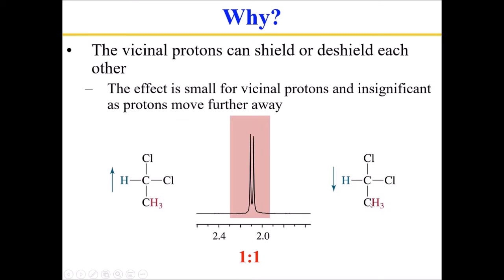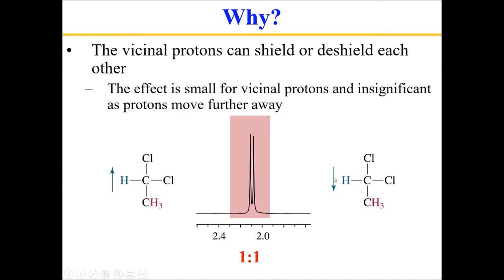The reason that splitting occurs is because when these red hydrogens are absorbing a photon, they are fighting against that externally applied magnetic field. This blue hydrogen is randomly oriented because it's also catching photons, so its nucleus is either lined up with that externally applied magnetic field or against it.